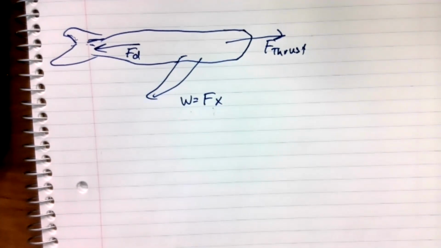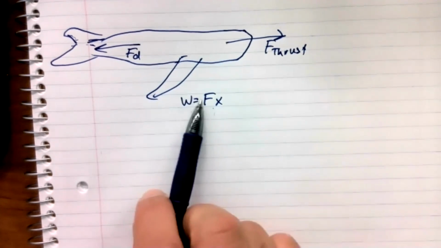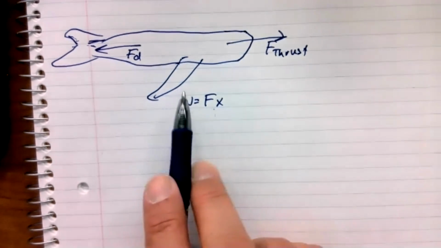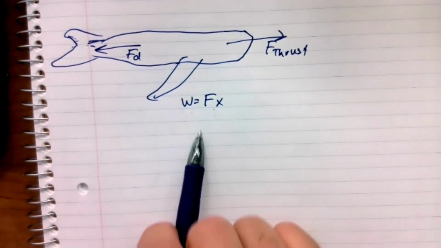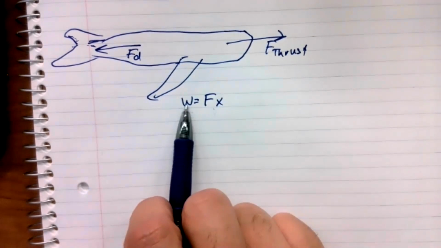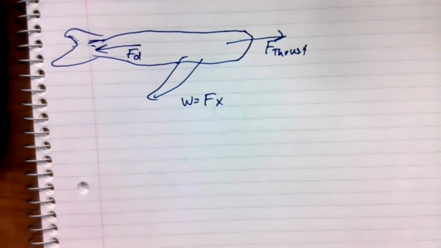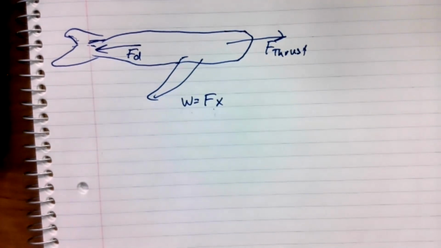So what we need is, we know that a whale is going to use so much energy, and a percentage of it can go into swimming. So let's find this energy, okay, just to do the work to swim, and then we'll multiply that by the total metabolic energy that the whale would need.